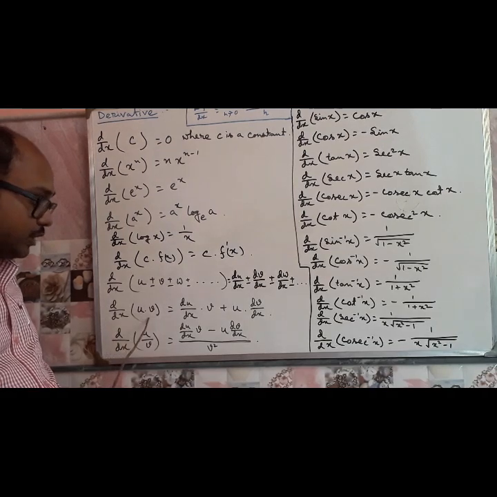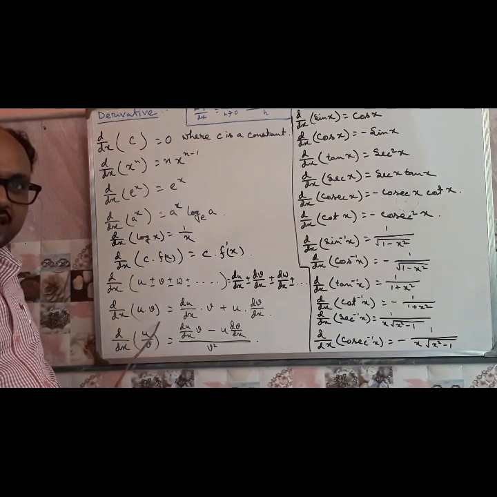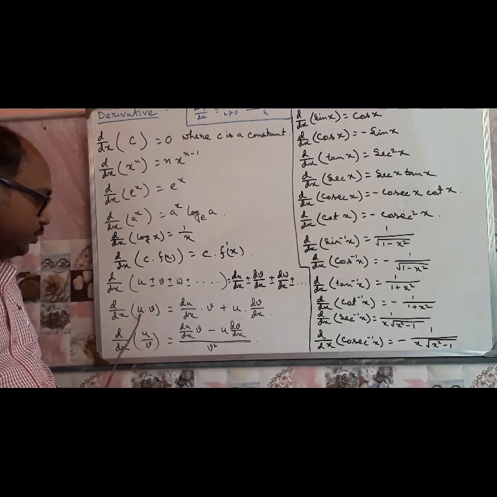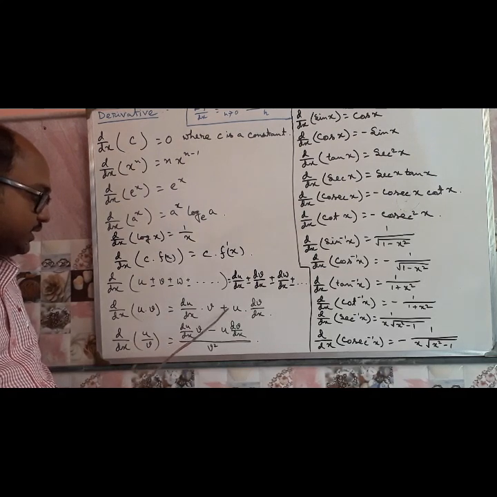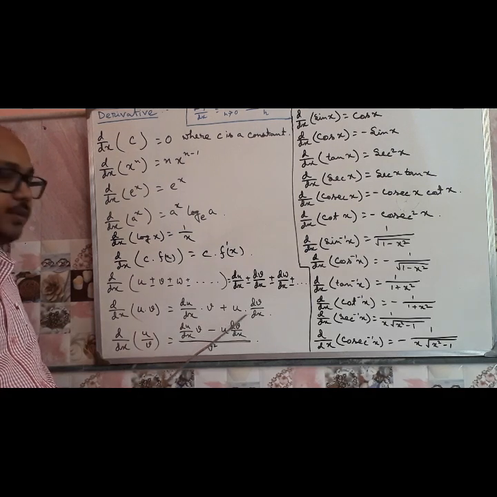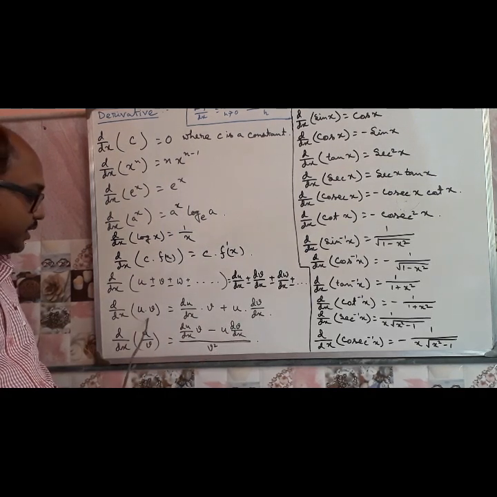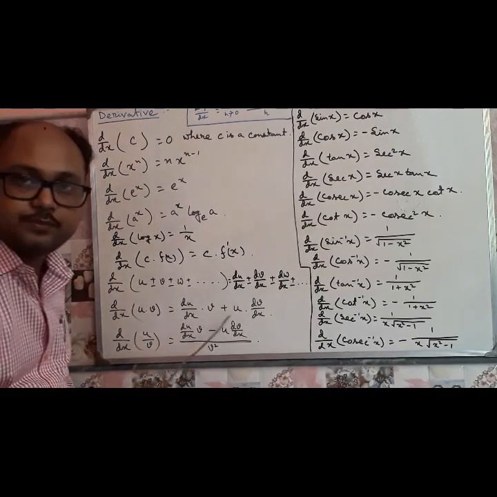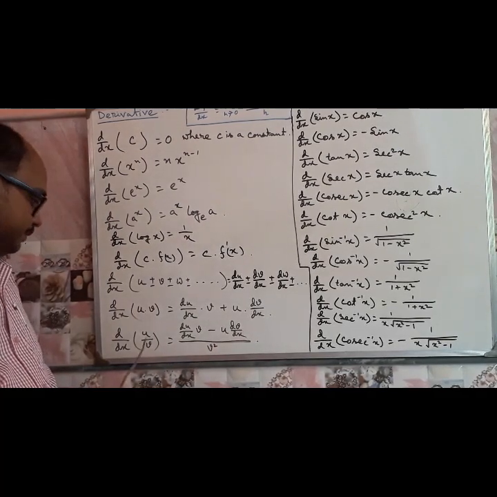Derivative of the product of two functions, u into v, is derivative of u, while v is constant, plus the first function constant and derivative of the second function, that is du dx into v plus u dv dx.